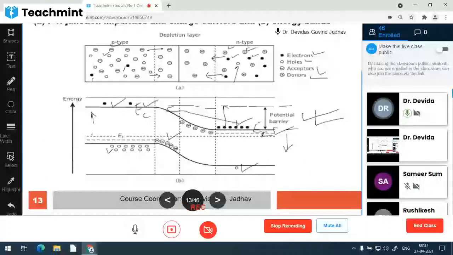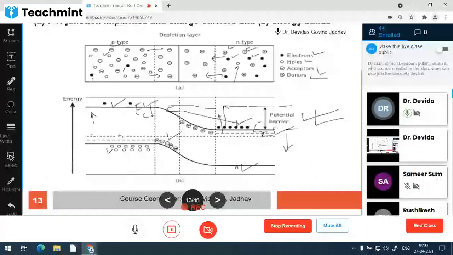Or the conduction energy of this region is lowered and the conduction energy of that region is raised, and both can be done by applying a bias voltage.